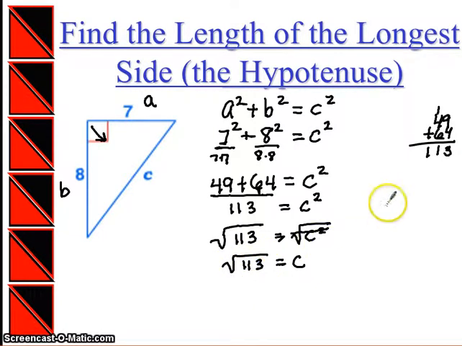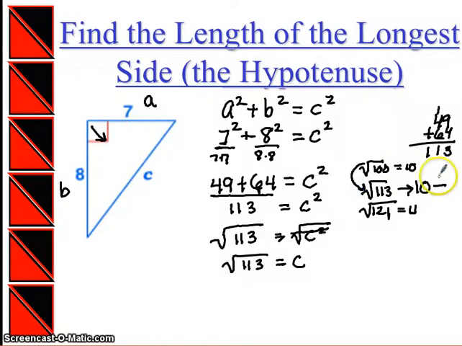Now we know that 113 is not a perfect square, that it lies between the square root of 100, which is 10, and the square root of 121, which is 11. So we know that this is 10 and a fraction. The difference between 100 and 113 is 13.